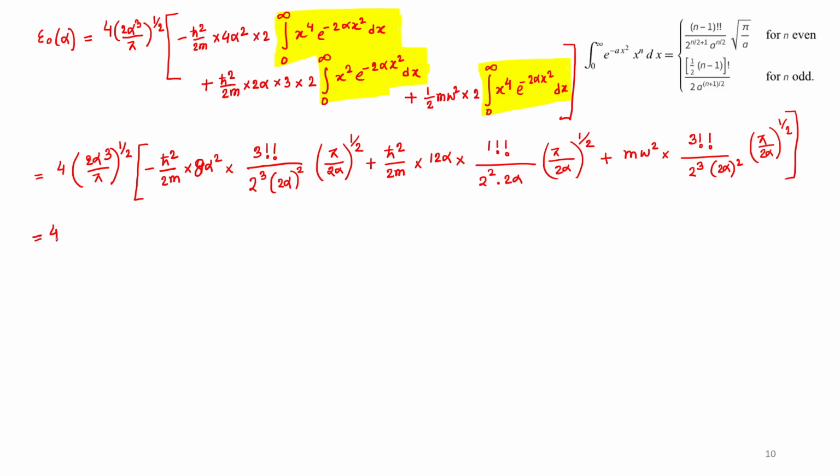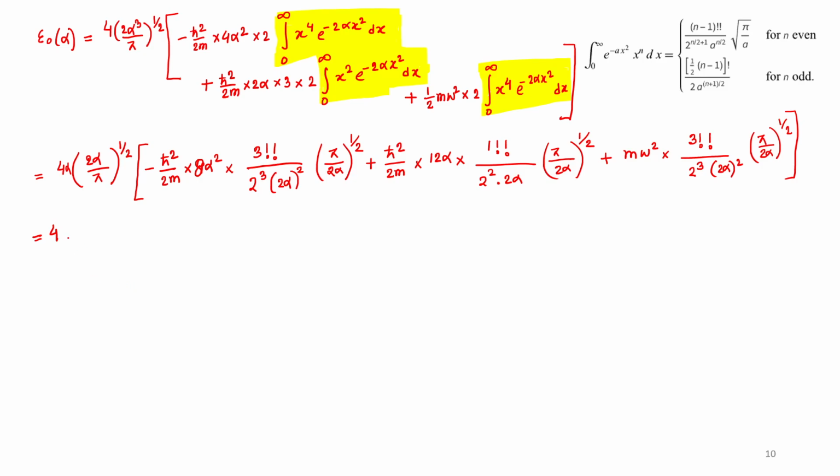So to make it easy, let me take alpha outside, so it will become something like that. And you see, this is going to cut with all of this inside.